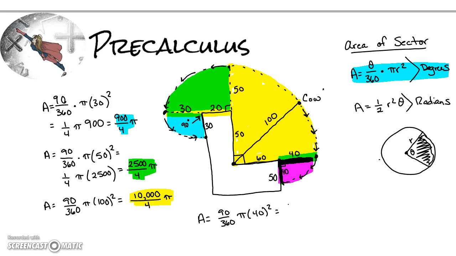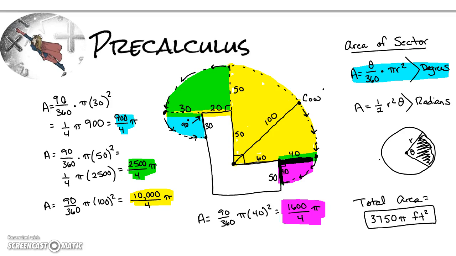So that's going to be 1600 over 4 pi for that. So that's the purple. And then we just need to add it all up and get the total area. So I would just bust out the calculator and do it that way. So that total area ends up equaling 3,750 pi. And let's say it was in feet. I never marked it, but let's say feet squared.